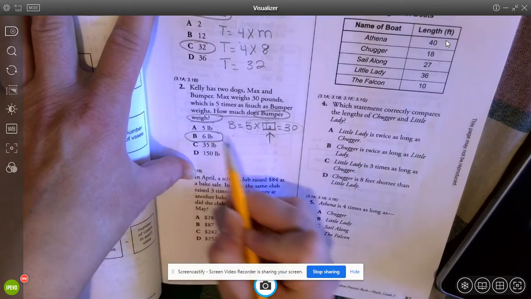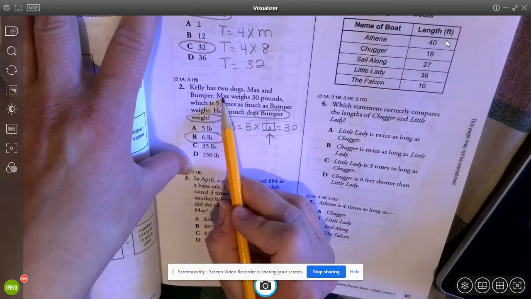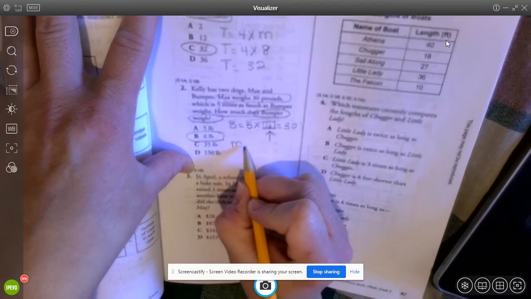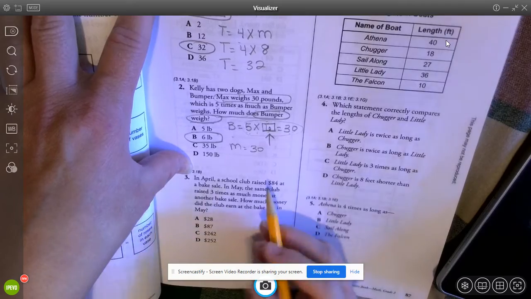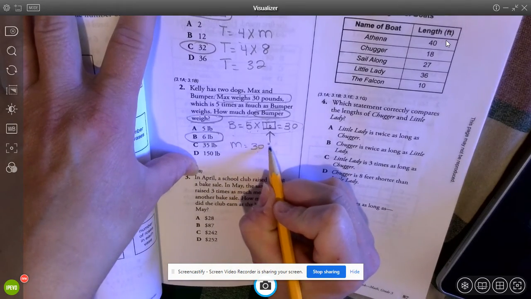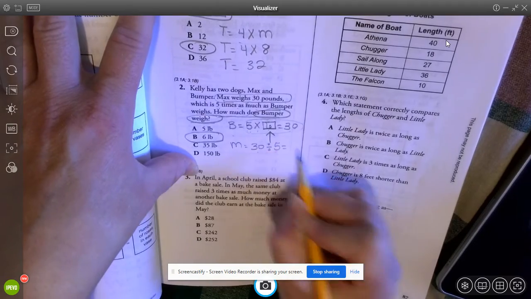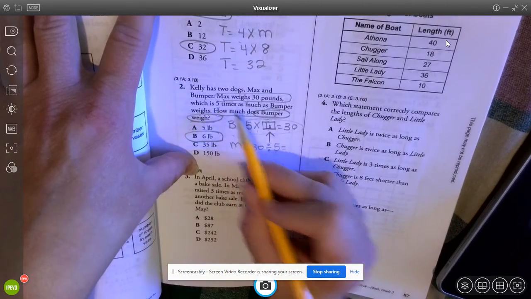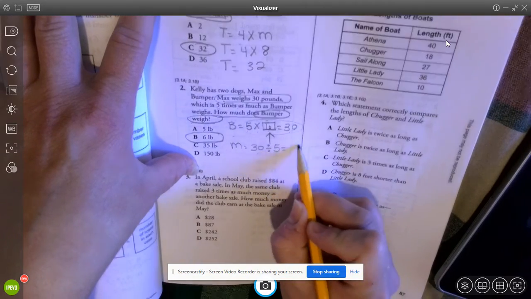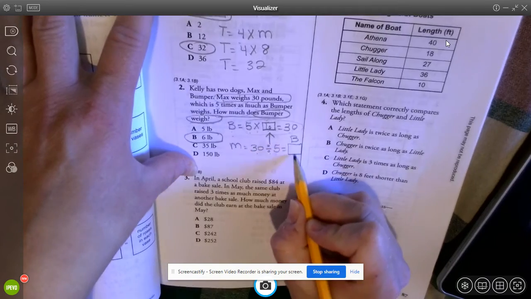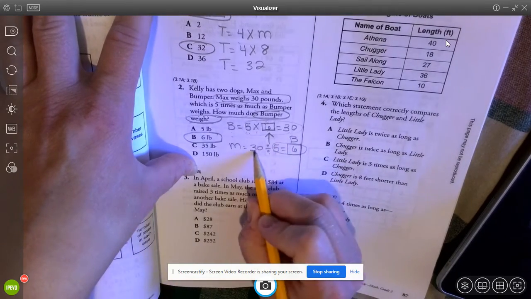Now let's go back and look if that's right. Max weighs 30 pounds. So Max equals 30, which is 5 times as much. So if you divide it by 5, because you do the opposite, you will find how much Bumper weighs. 6 times 5 is 30.